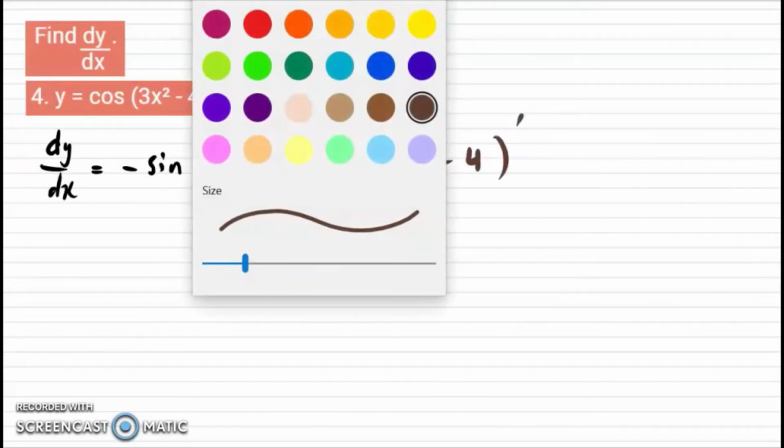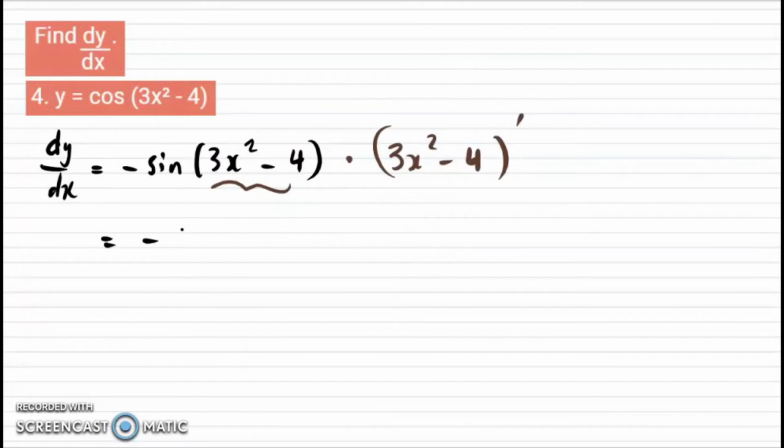Okay, then simplifying this, we get negative sine of 3x squared minus 4 multiplied by the derivative of 3x squared, that will be 6x, right? And as for negative 4, a constant, it's a 0.